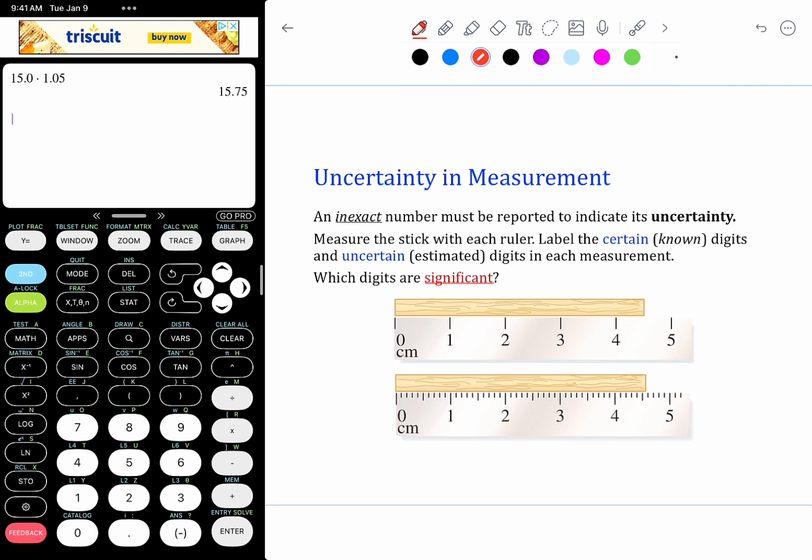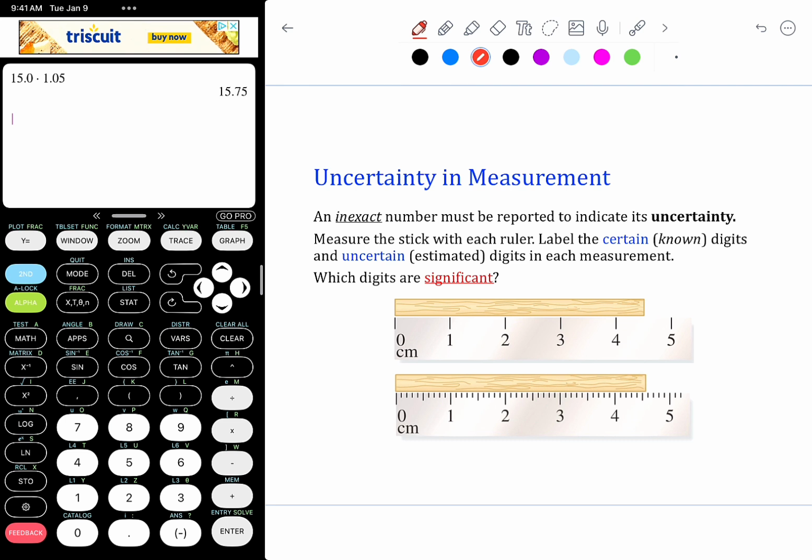If we're dealing with an inexact number, then that inexact number must be reported to indicate its uncertainty. Since we don't know that number exactly, we usually designate our last digit as the uncertainty in that inexact value.